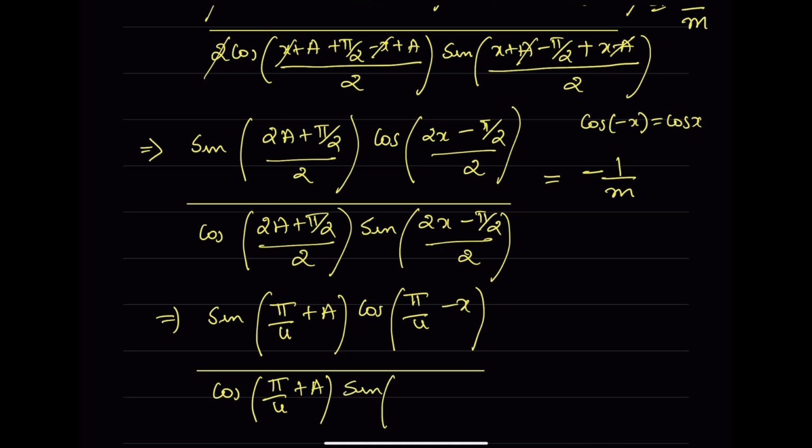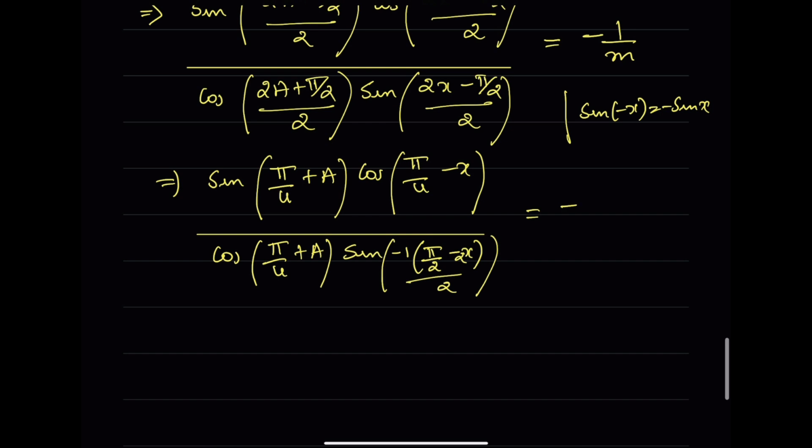Now this can be written as sine of minus x, which is minus sin x, correct? Just to give you an example of how we can do this, minus 1 times pi by 2 minus x minus 2x by 2. So this is equal to minus 1 by m.